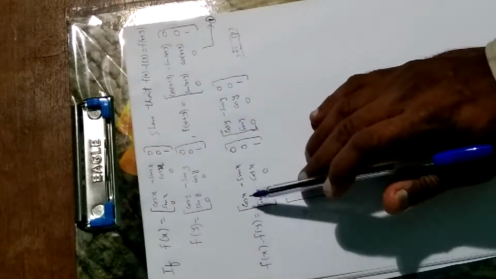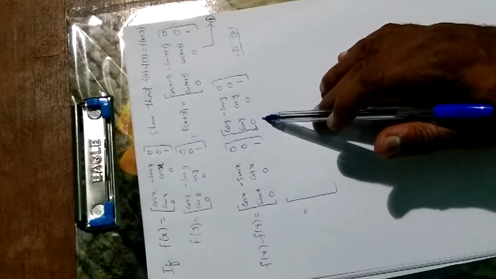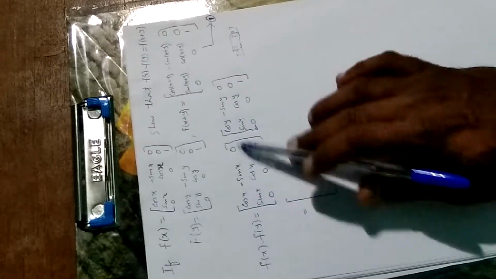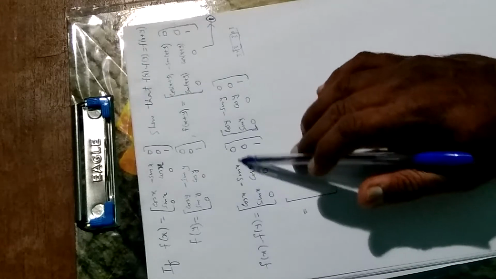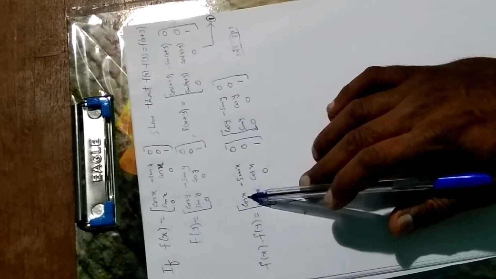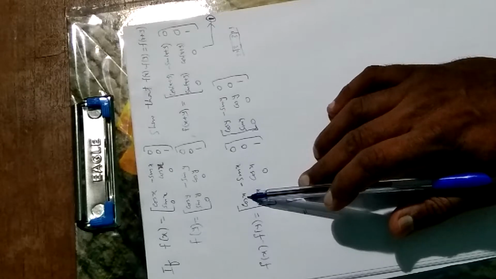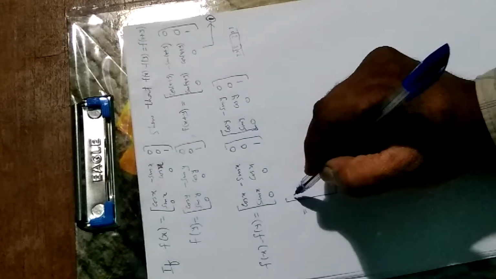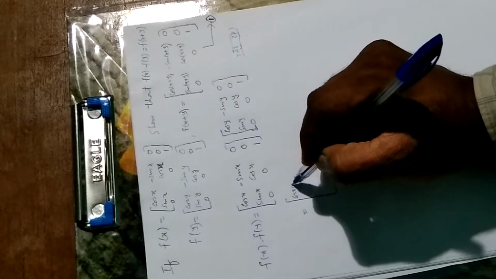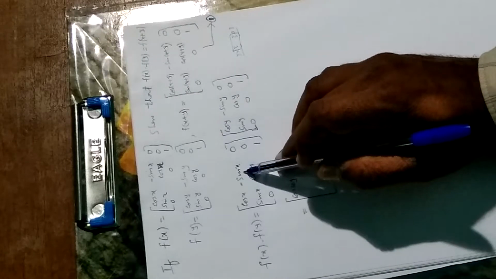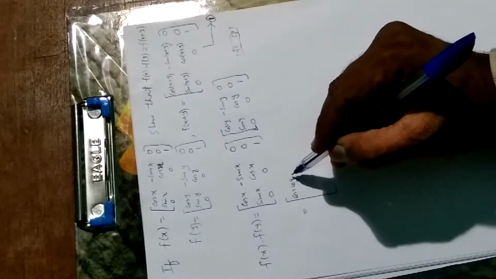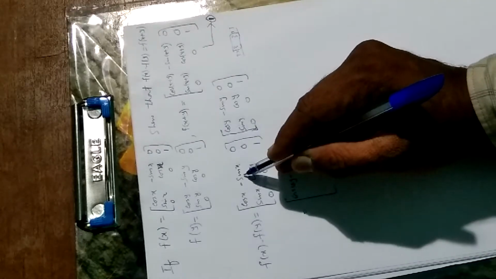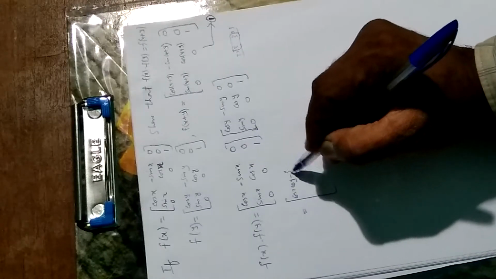Okay, now multiply row by column, that will give you the first element only, first row first element. When we multiply first row by first column, you have to multiply the corresponding elements: cos x into cos y, then minus sin x into sin y, so minus into plus will become minus, and sin x sin y.